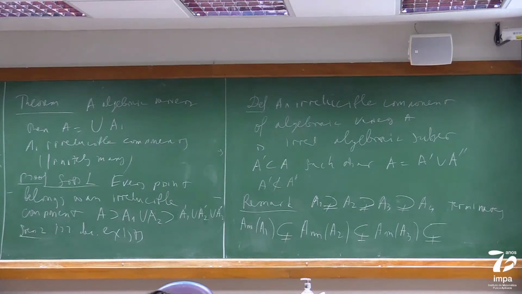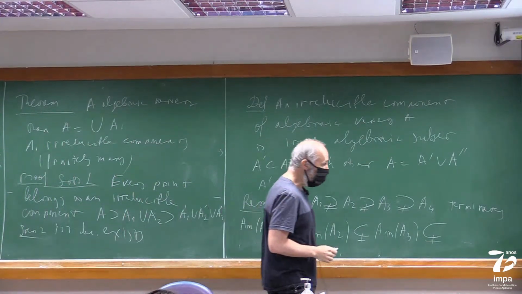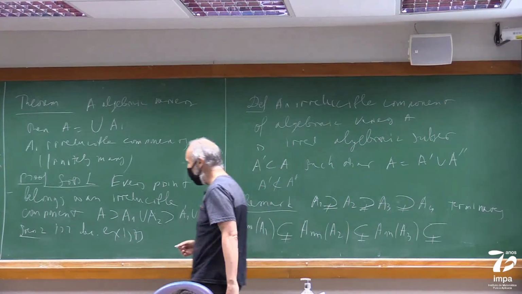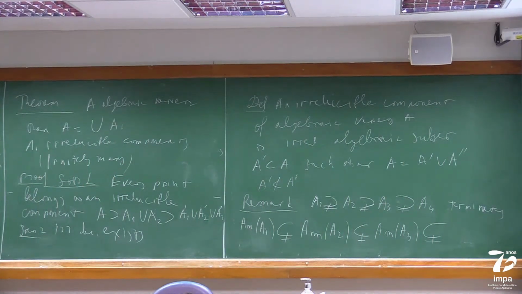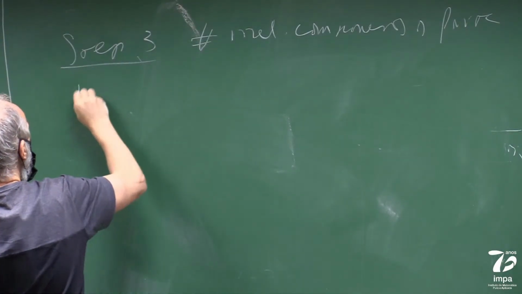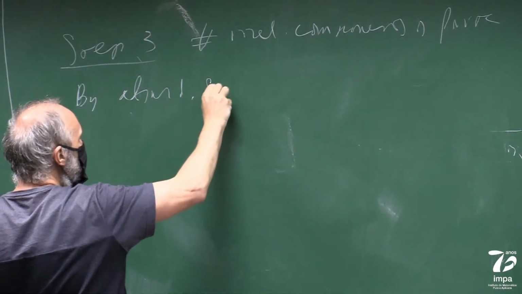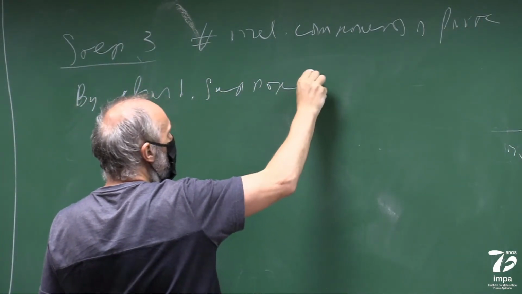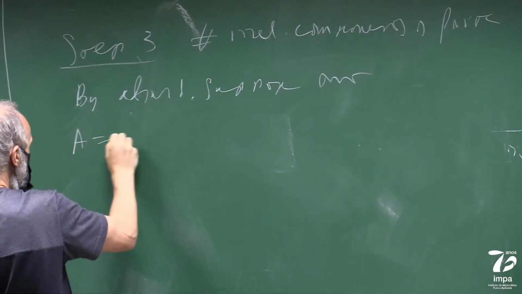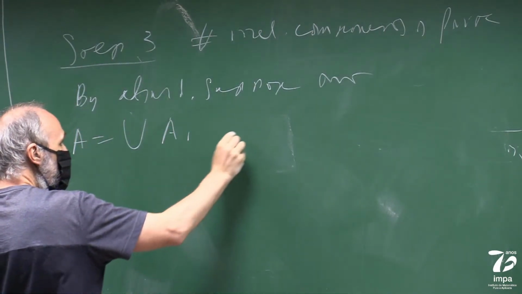Okay, so I'm going to prove that the number of irreducible components is finite. Suppose it's not. Let's number them. Suppose, by absurd, that A is a union of AI, infinitely many.